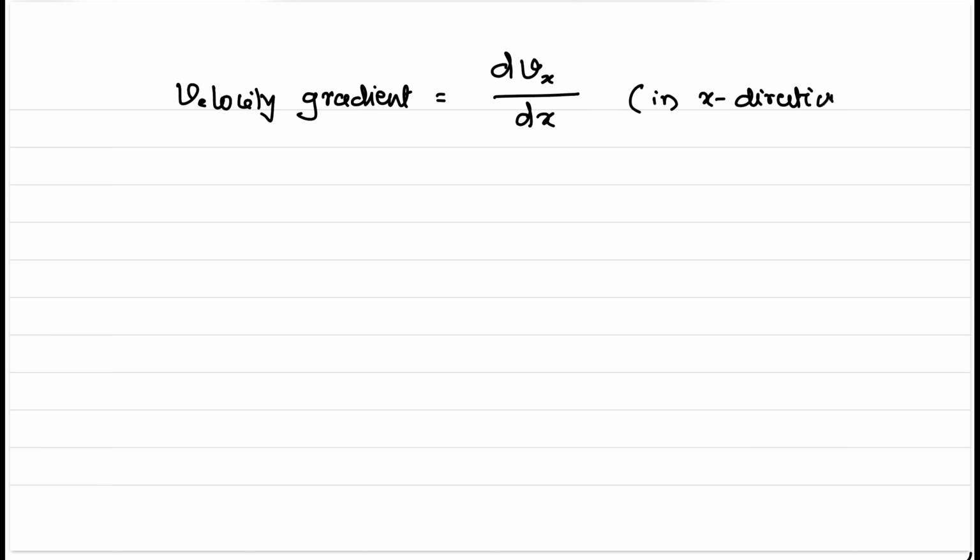Similarly, if it is required in y direction, dvy by dy. This can also be dv by, in space it will be ds. Very important.